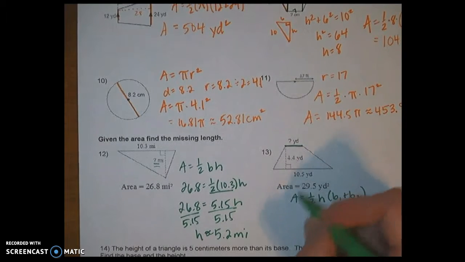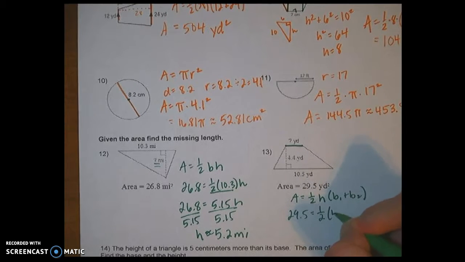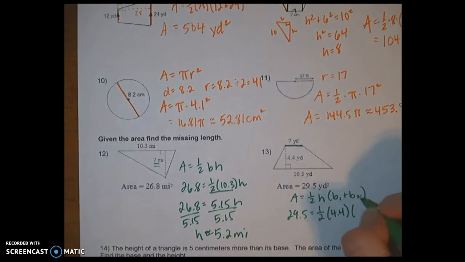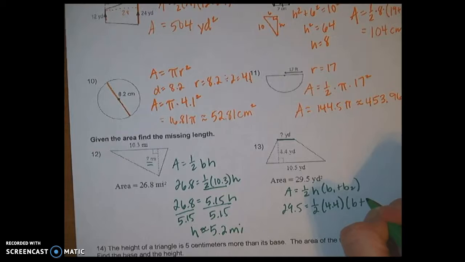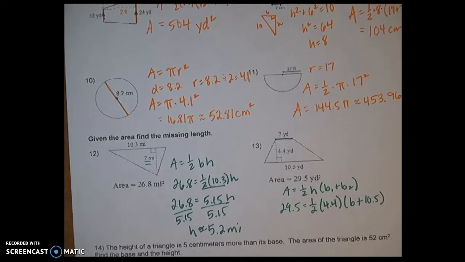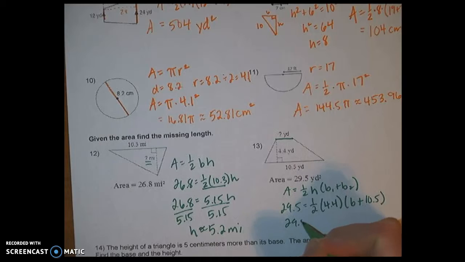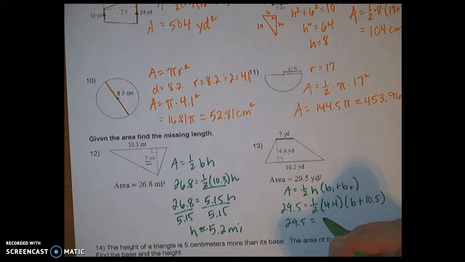I will tell you that over the years, I have seen more students miss silly things because they do not write that formula down. Please trust me when I say write down the formula. So I'm going to plug in what I know. I plugged in the area. I plugged in the height is 4.4. I don't know the first base, and the second base is 10.5. So the first thing I'm going to do is multiply the half times the 4.4. So I have 29.5 equals, that gives us 2.2 times b plus 10.5.